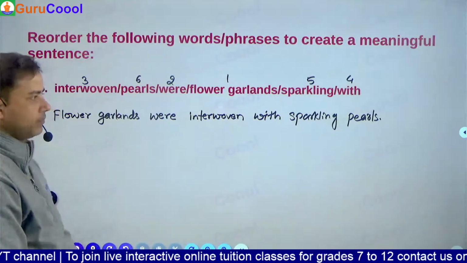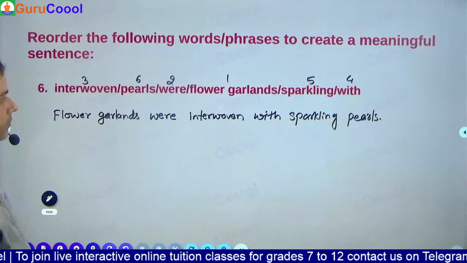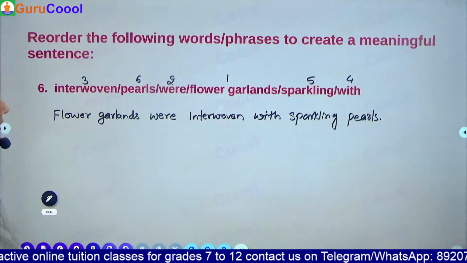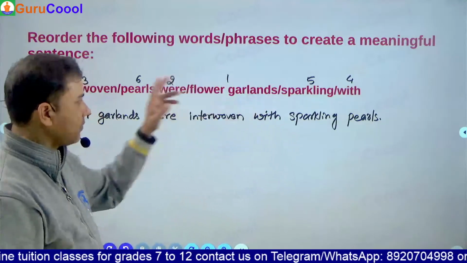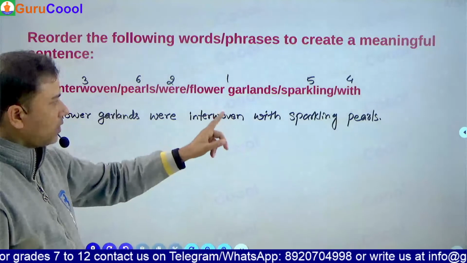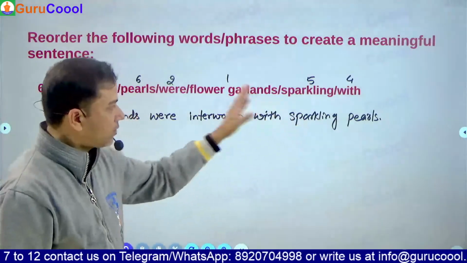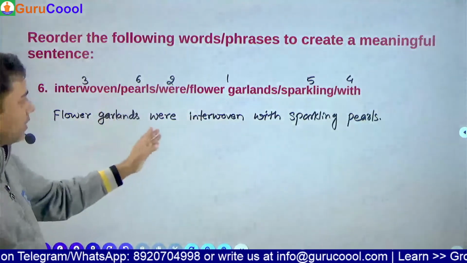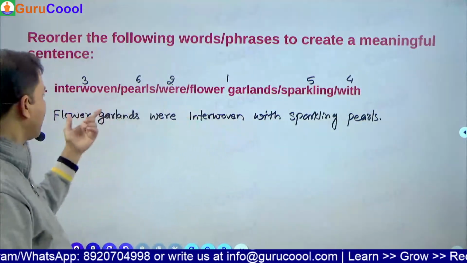Sir, that does not use sparkling. Exactly. Yes, if we write pearls first and flower garlands later, then actually we have to write sparkling very first. We have to write: sparkling pearls were interwoven with flower garlands.